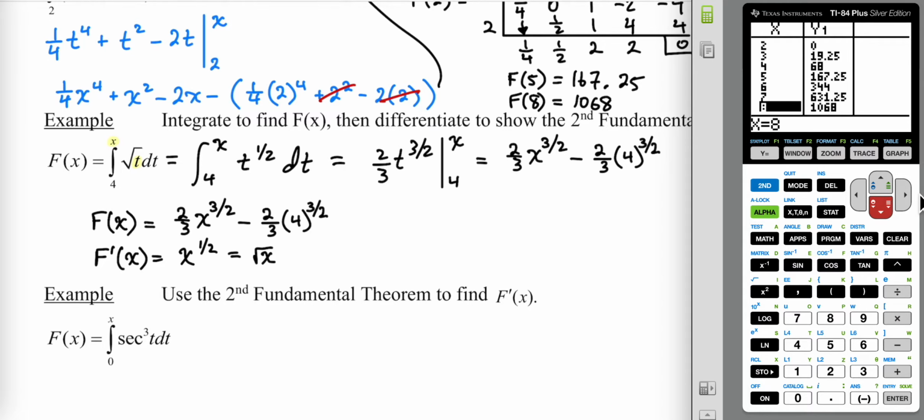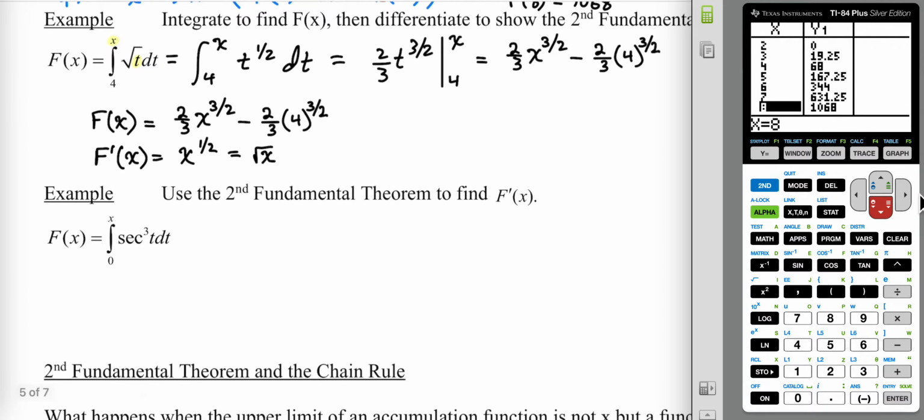All right? So when we're looking at the next example, it's really going to be as simple as saying secant cubed of x. It only starts getting a little more complicated when you incorporate a variable bound that's not as simple as just an x. All right, so that's when the chain rule comes into play.